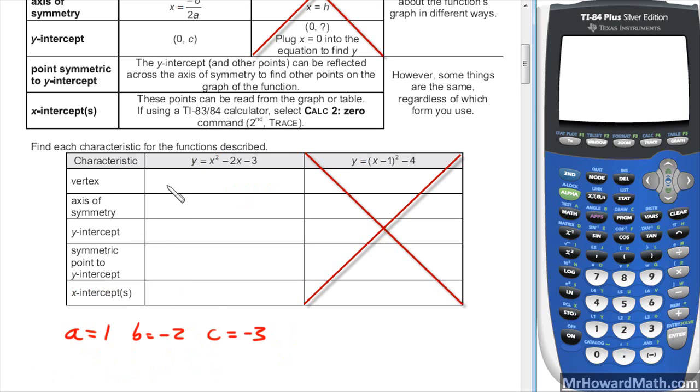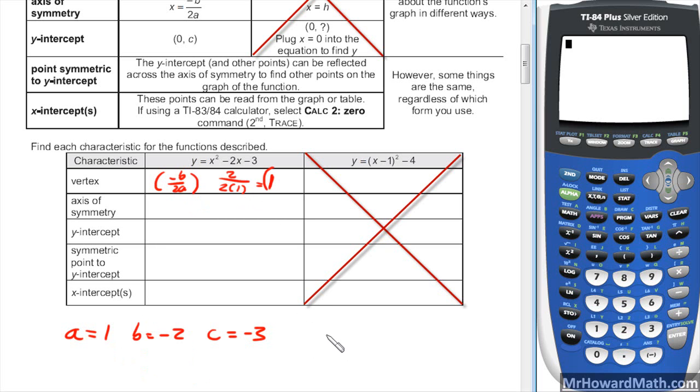So the vertex is defined as negative b over 2a. So for us, that's going to be the opposite of negative 2 because it's negative b. So that'd be a positive 2 over 2 times a is 1, so 2 times 1. So 2 divided by 2 is 1. So the x coordinate of the vertex is 1.